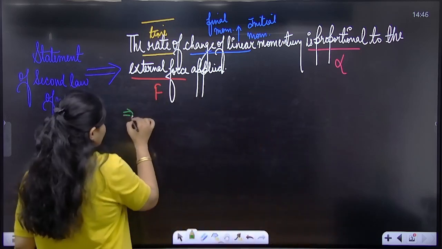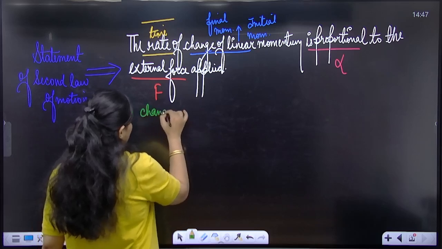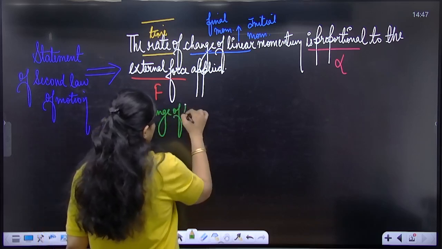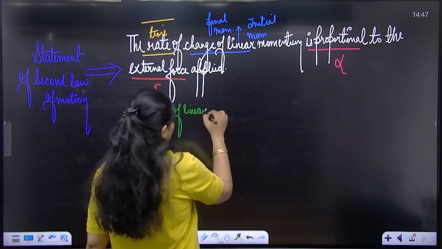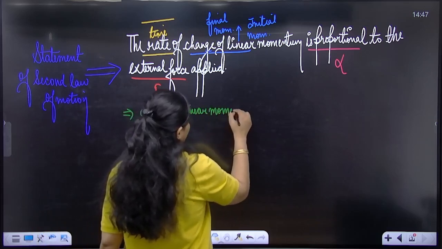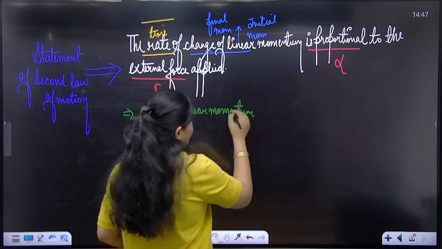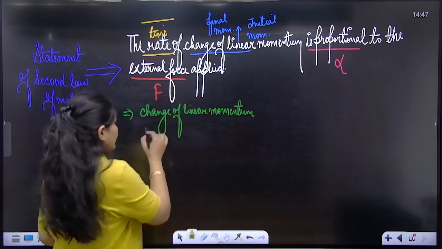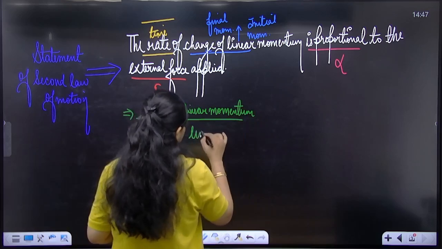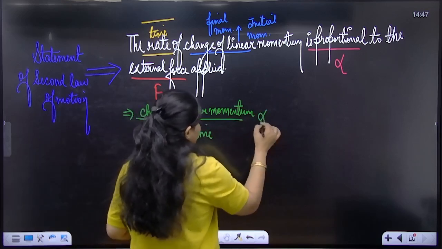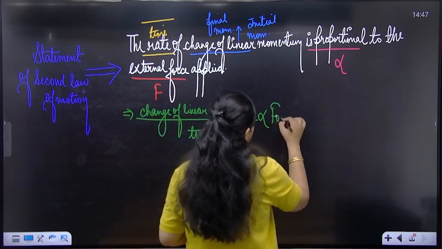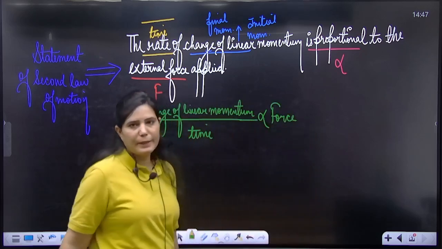So if I write this entire thing in a mathematical form, I will write change of linear momentum. It is a rate, therefore upon time will be there. Upon time is proportional to force, right?